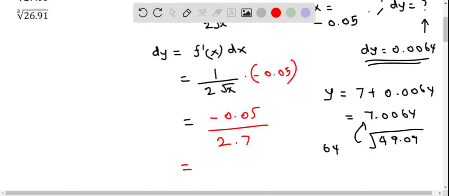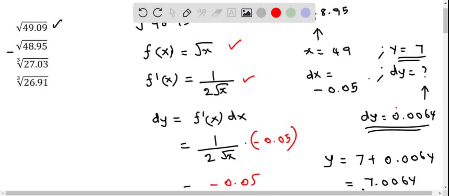So we plug this into the calculator. That is minus 0.05 divided by 14. This is negative 0.0035, and when we approximate to 4 decimals, it is negative 0.0036. So this is what we get for dy. We can update this as negative 0.0036.